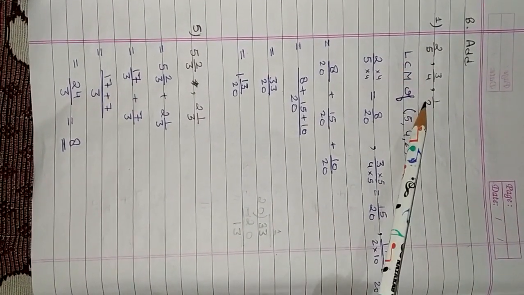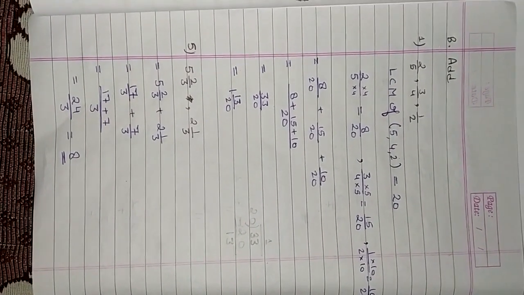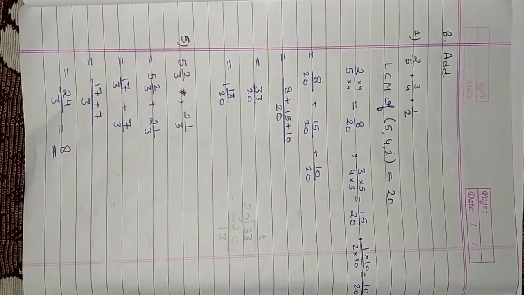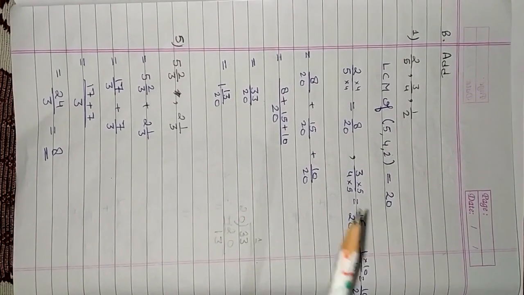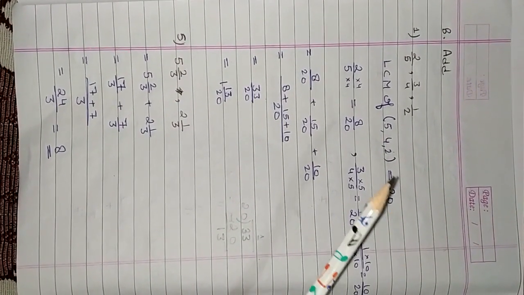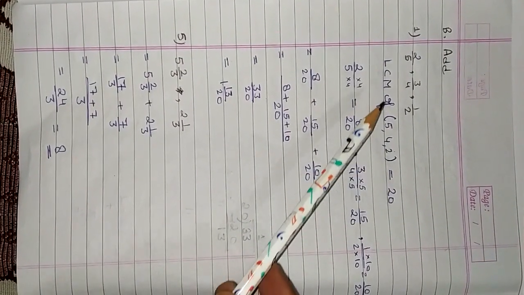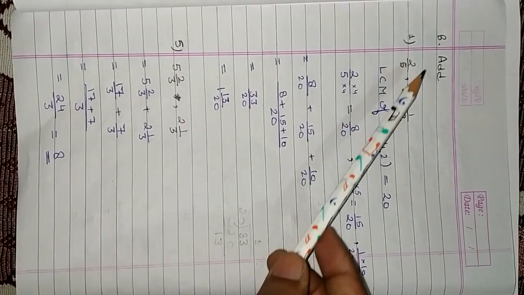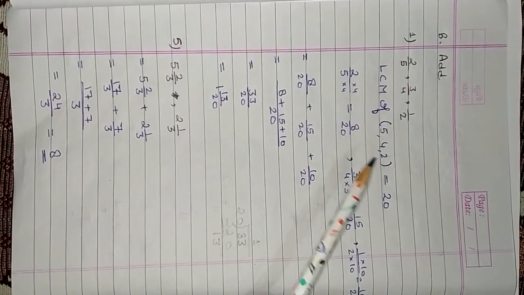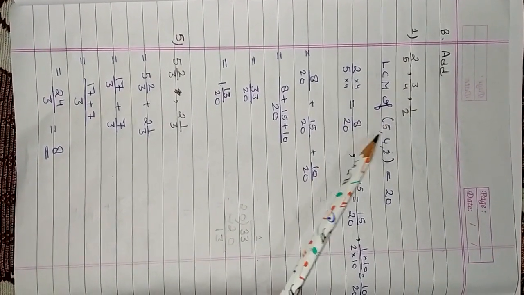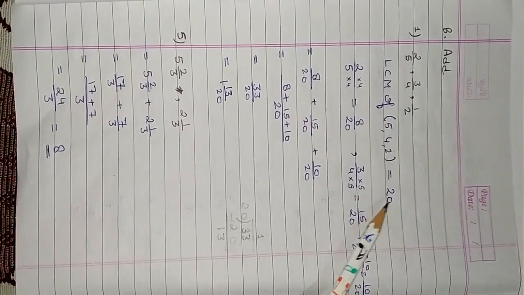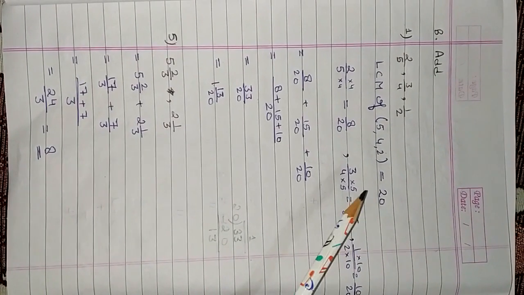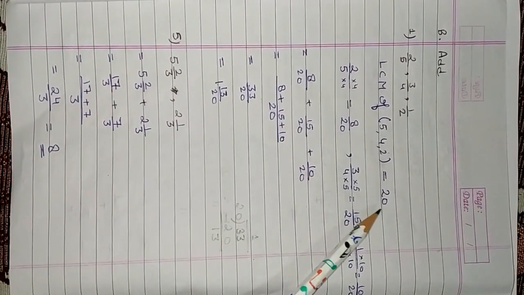Denominators are not the same, so to add the fractions, we have to make them like fractions. To make the fractions like, we have to take the LCM of the denominators 5, 4, 2. The LCM of 5, 4, 2 is 20. You can find the LCM in your rough work.